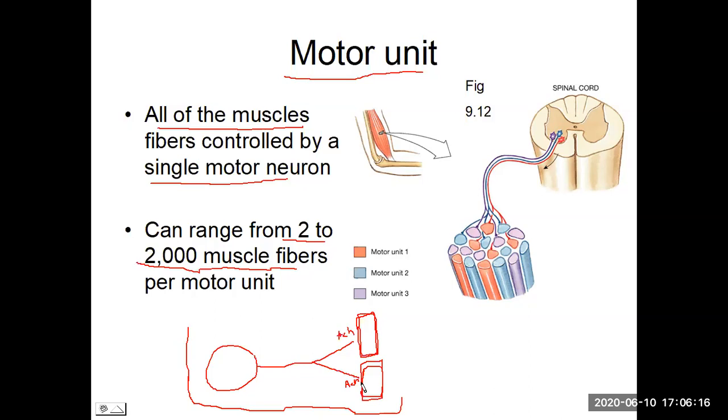Think about the functions of your fingers, like if you're typing or playing a musical instrument, you can have that very precise, controlled, subtle motion. Whereas a very large motor unit, contracting up to a few thousand cells simultaneously, could generate a lot of power, a lot of force.